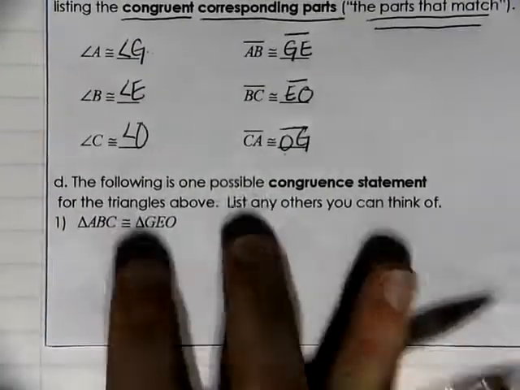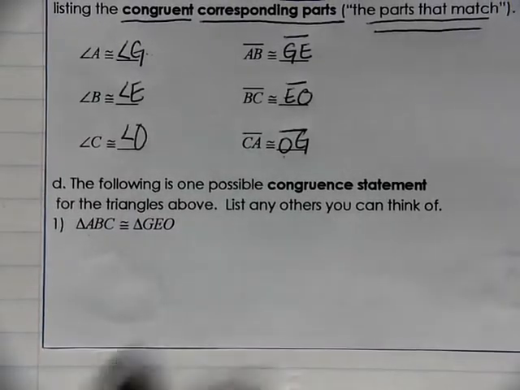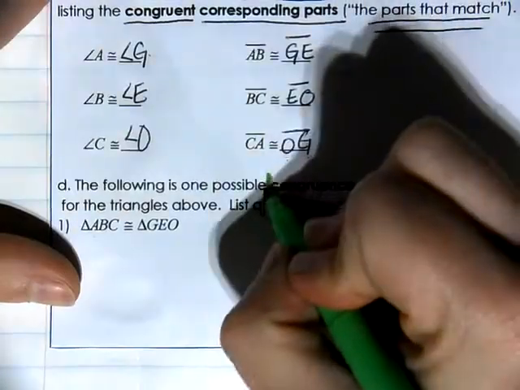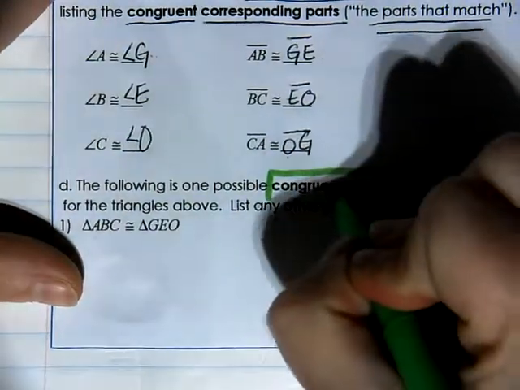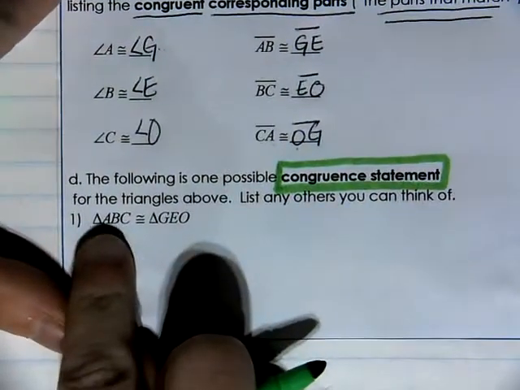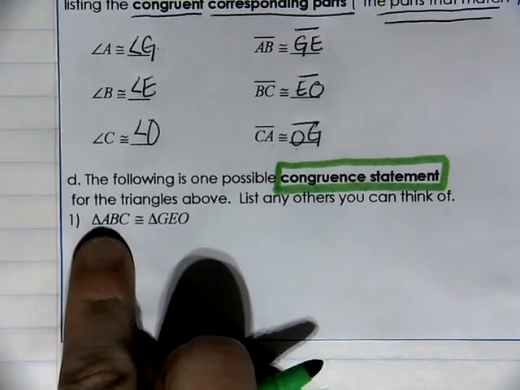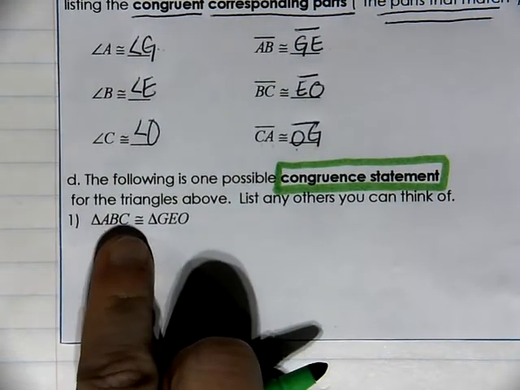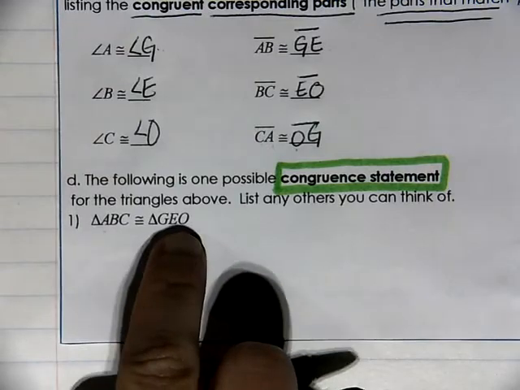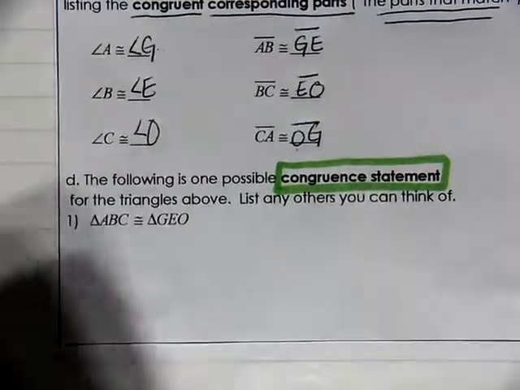So looking at letter D, it says, the following is one possible congruent statement. A congruent statement is where you are writing that the shape, in this case triangle ABC, is congruent to triangle GEO. This is a congruent statement.